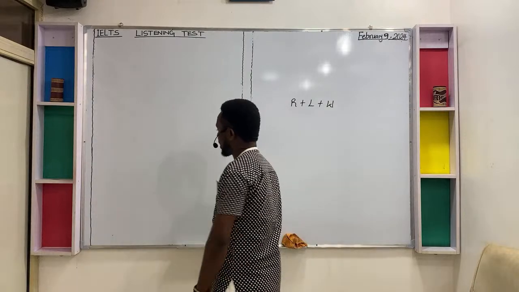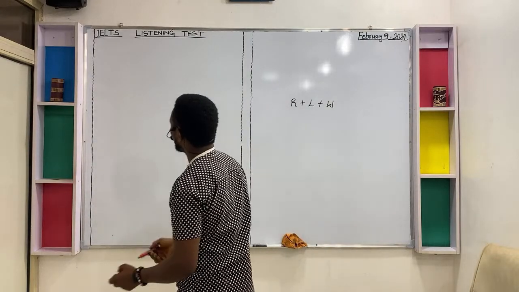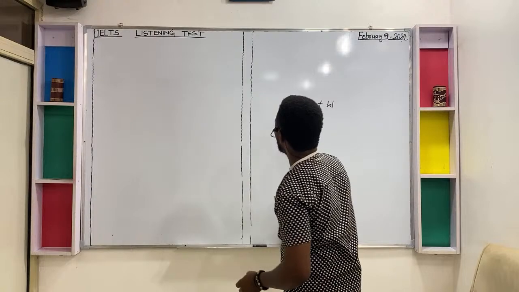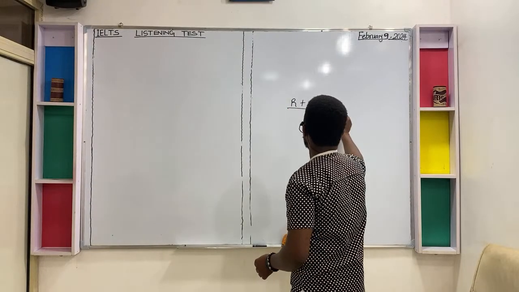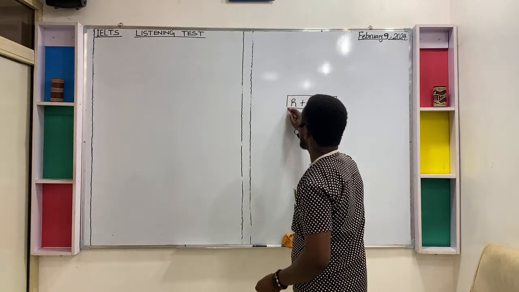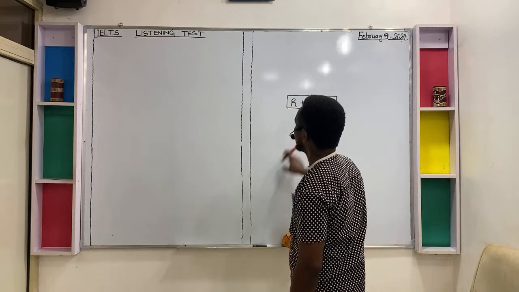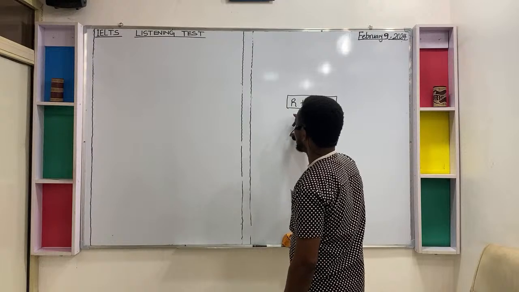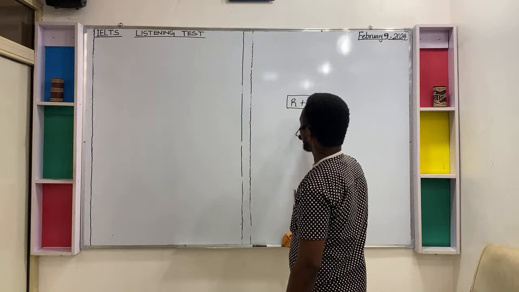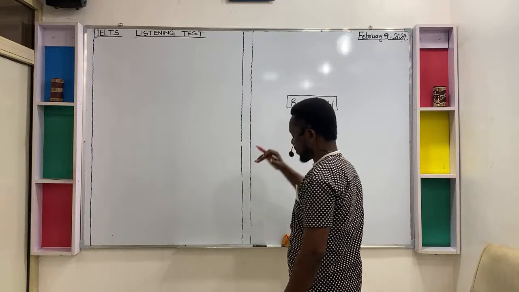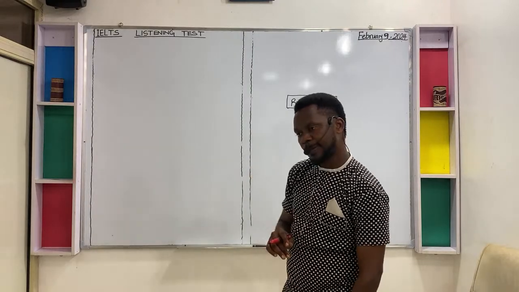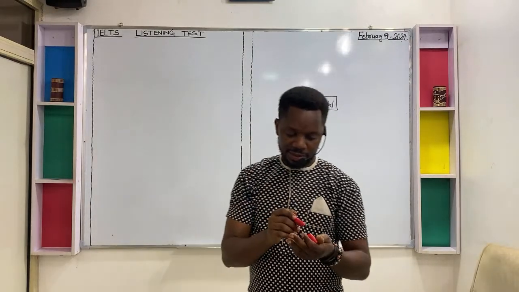Read, listen, and write. Now during your listening test, because of the speed of the audio in some cases, because you're multitasking, and because you're not a native English speaker, the marking scheme for the listening test is usually very moderate, unlike the reading test.